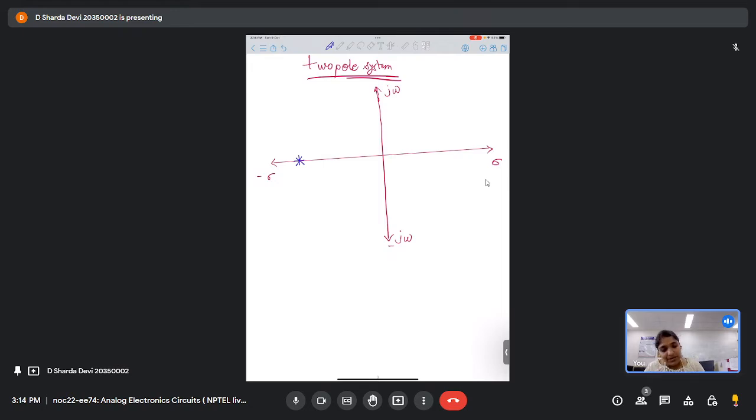Another possibility can be that these two poles are a conjugate pair, where they have some sigma plus minus j omega. So this is the sigma plus minus j omega condition. In the first case they don't have any j omega component; these are real poles. And the third extreme condition can be that these two poles are at your y-axis only.